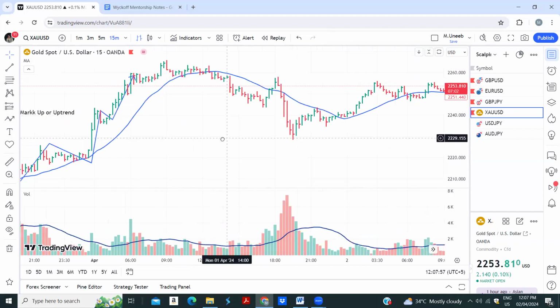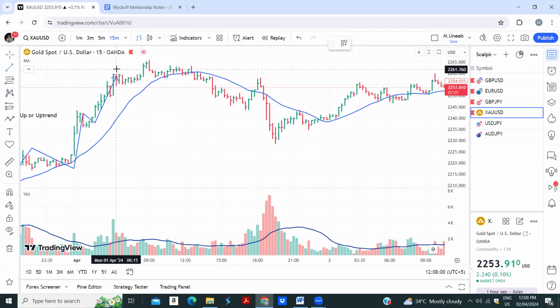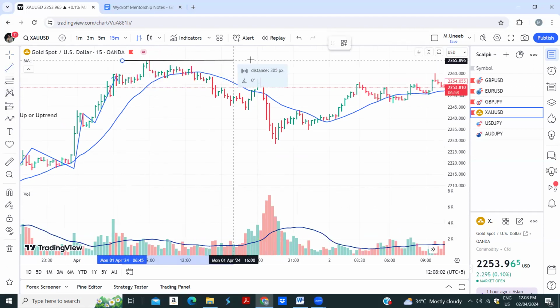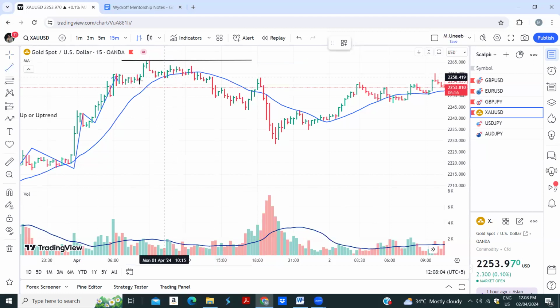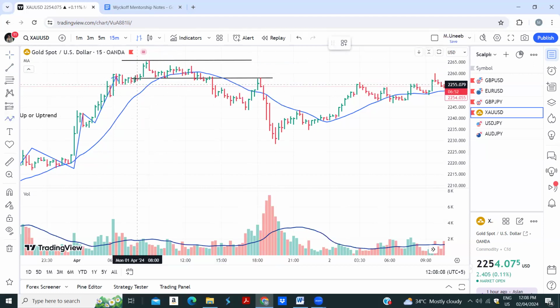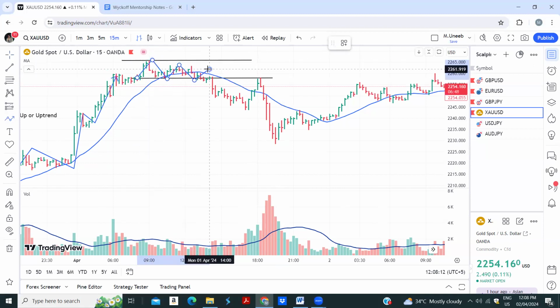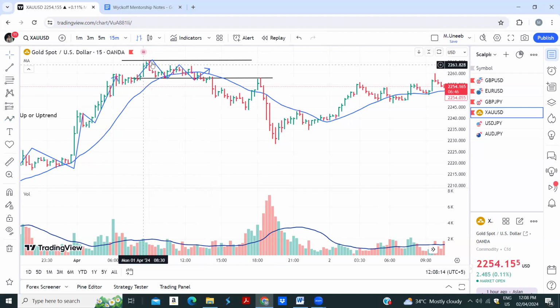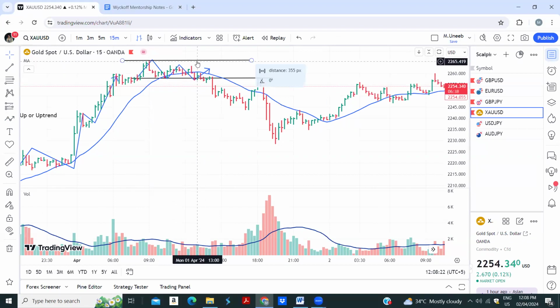Now here, you can see that the price is moving in a range, and here the smart money is distributing the shares to the retail investors, or the retail traders, or the general market participants.